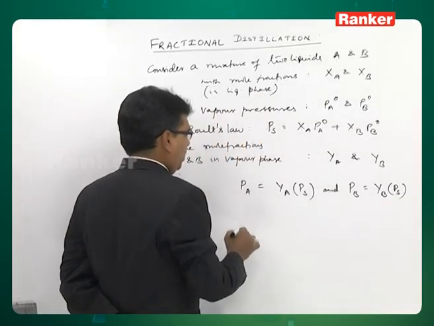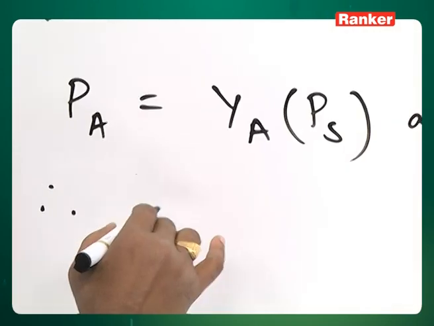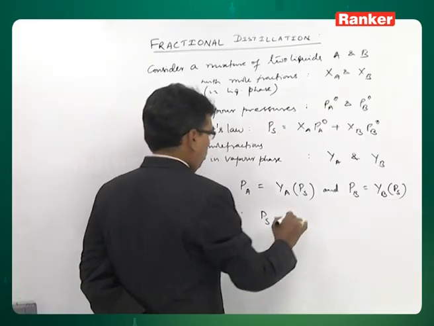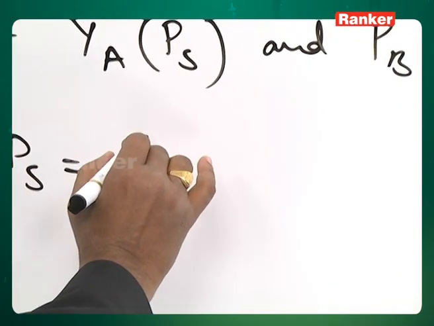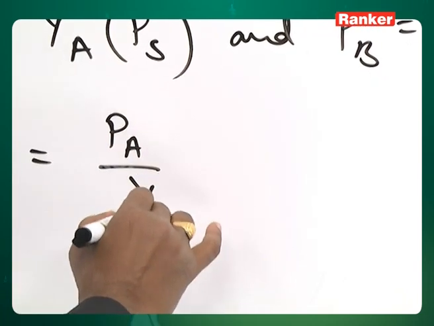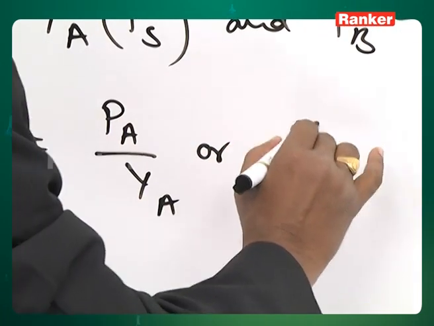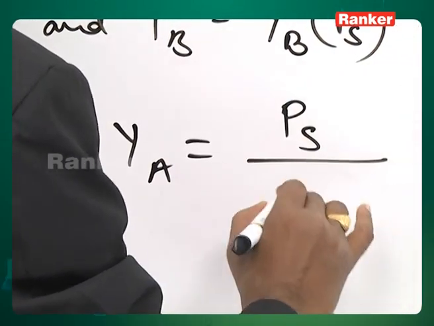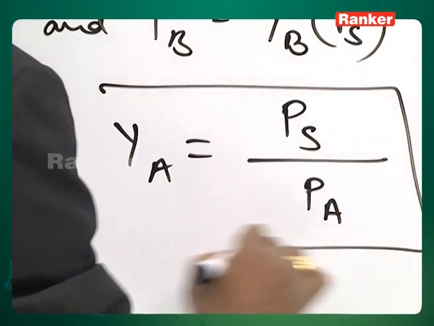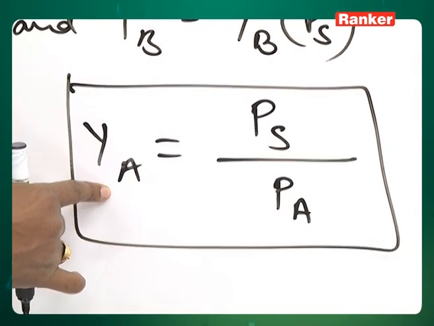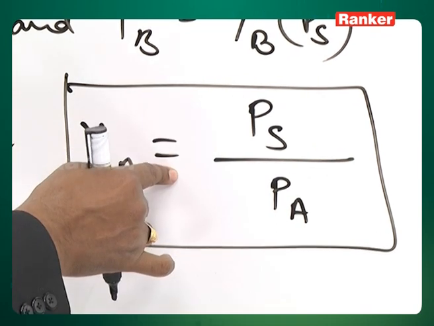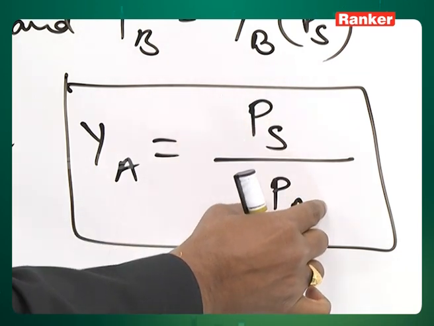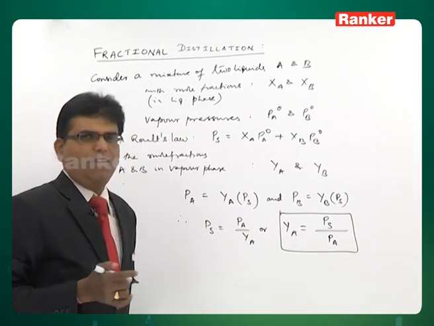So, from this what we can write is P S is equal to P A by Y A, or Y A is equal to P A by P S. Mole fraction of liquid A in the vapor phase is partial vapor pressure of liquid A in that mixture divided by the total vapor pressure of the mixture.